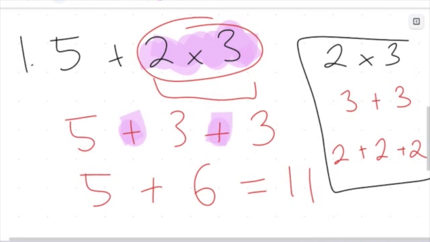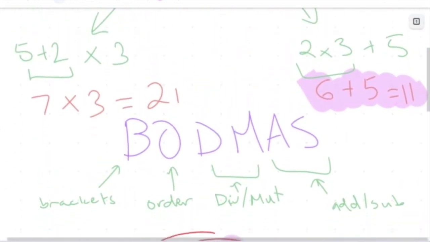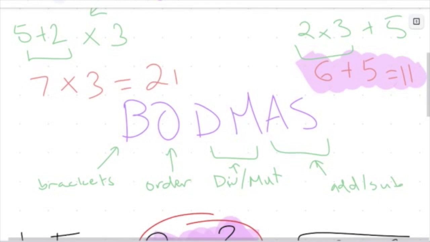So the order in which we do things matters. And we can see from this example that we need to multiply before we add and subtract. And the same thing happens for division too.